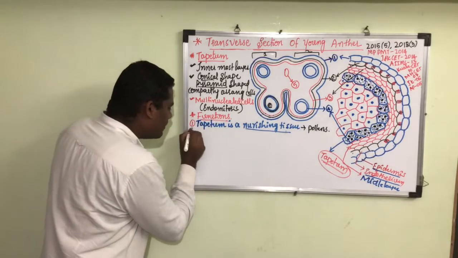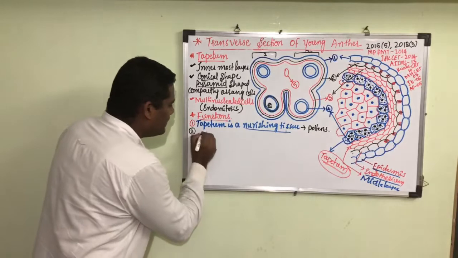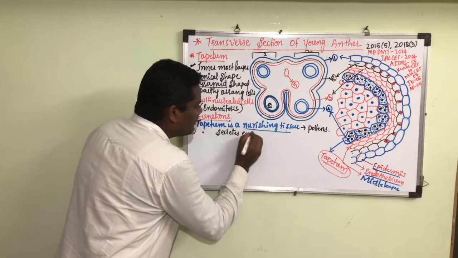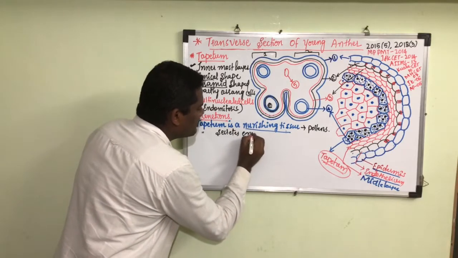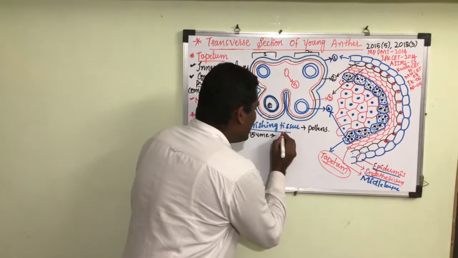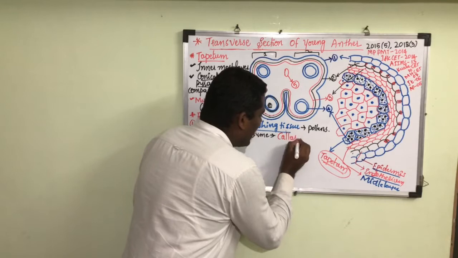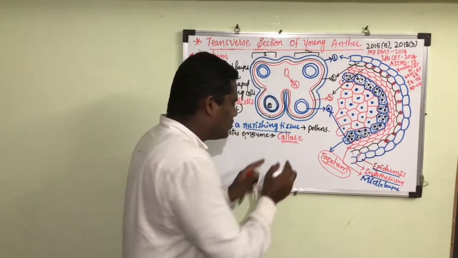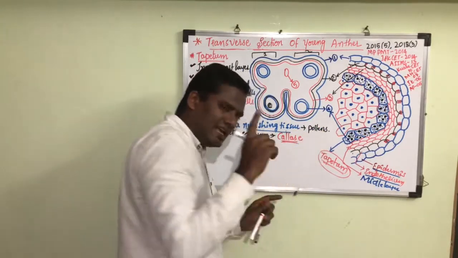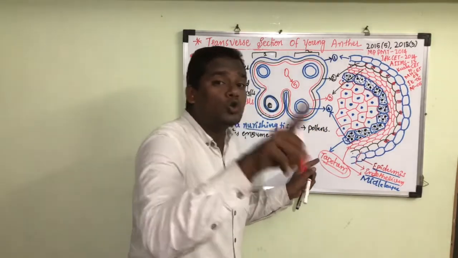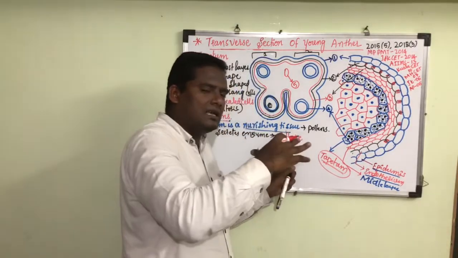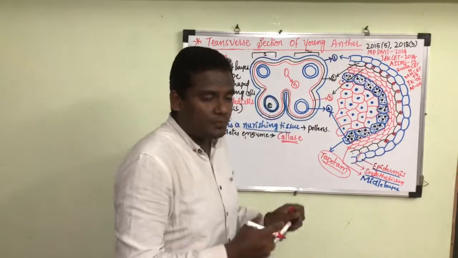Then the tapetum secretes an enzyme, and the name of the enzyme is callase enzyme. We will come to know about this callase enzyme a little later in our future videos, because this callase enzyme is used to dissolve the callose material which is present in the microspore tetrad, which we are going to discuss while discussing the microsporogenesis process.